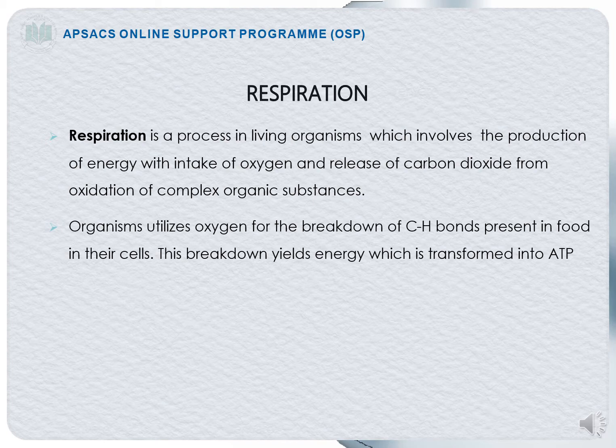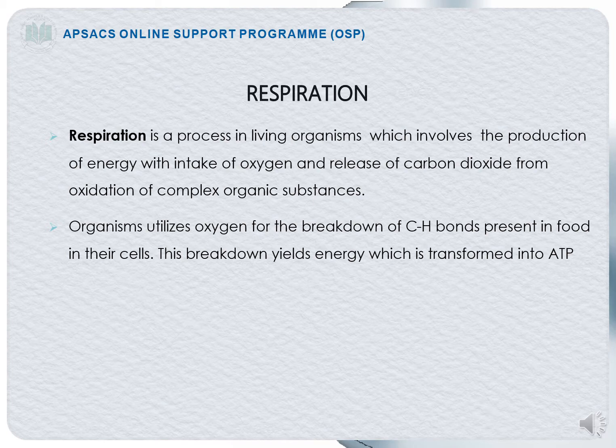Now, organisms utilize oxygen for the breakdown of the CH bonds present in food in their cells. This breakdown yields energy which is transformed into ATP. It means the food that we are eating contains CH bonding because our food mostly consists of glucose, starches and carbohydrates, and in turn these contain CH bonding.